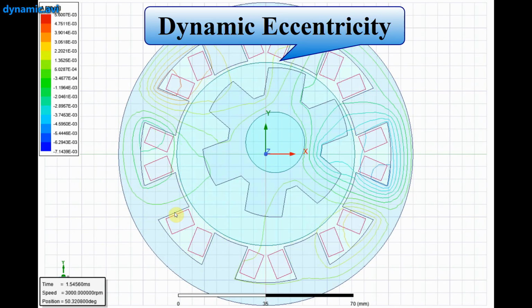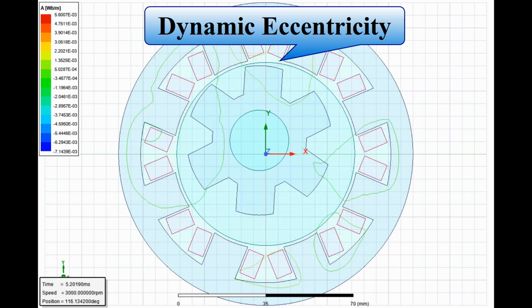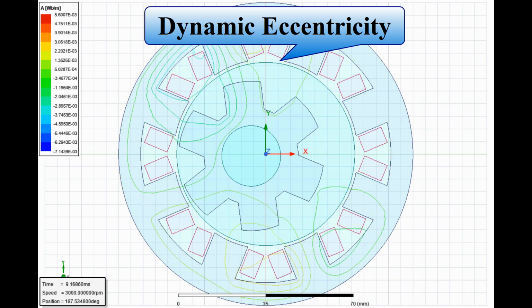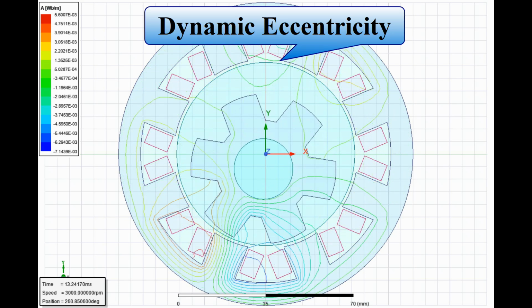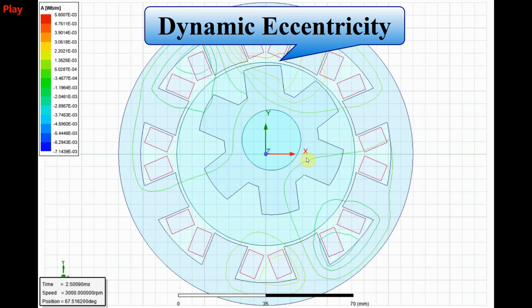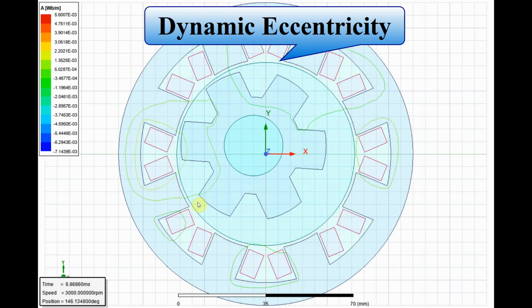Here it's a dynamic eccentricity. As you can see, the whole rotor is rotating around the air gap. Let's watch it. In the dynamic eccentricity, the air gap is changing by rotating the rotor.